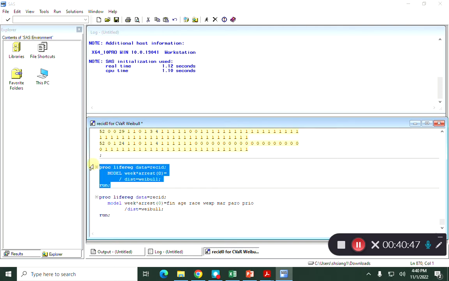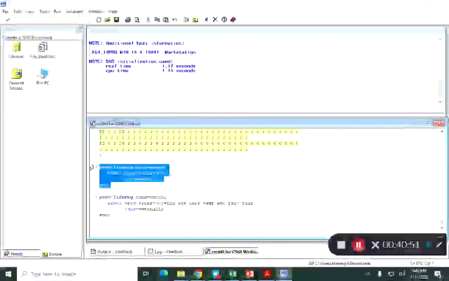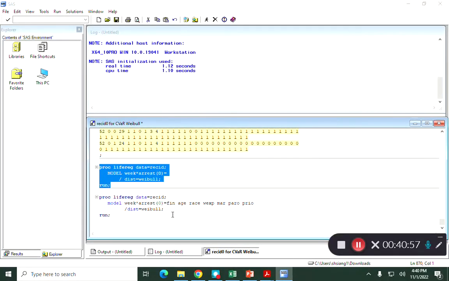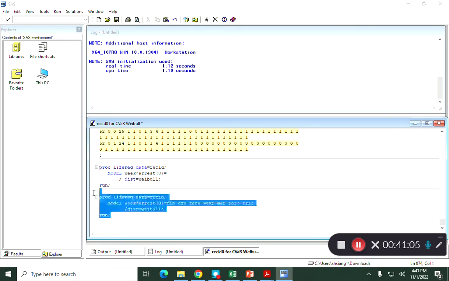This is my baseline model. I'm just talking about how things are going to go with or without the support. And then after that, I have a model with everything.